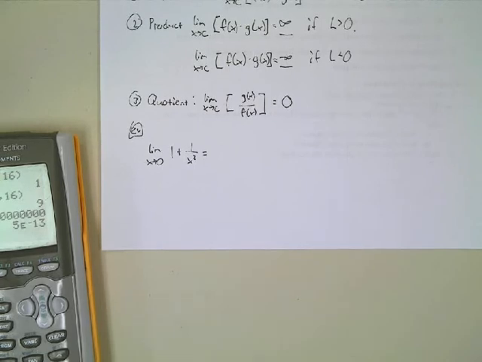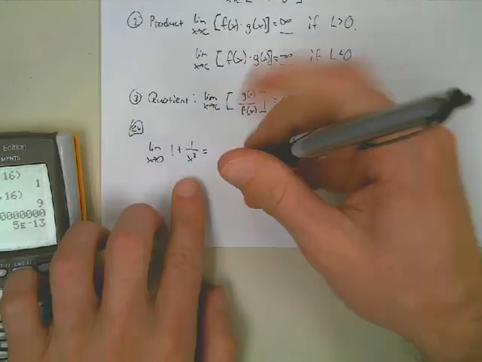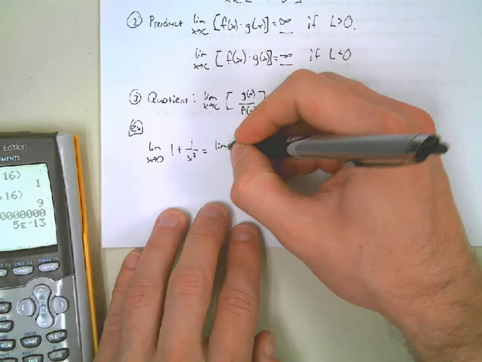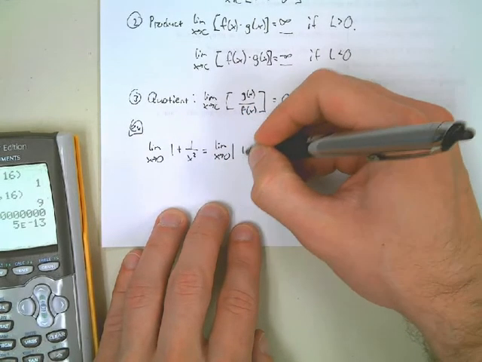How do we evaluate a limit when there are two separate things in it? Well, remember your old limit properties. We can break this up over addition. So we can find the limit as x approaches 0 of 1, added to the limit as x approaches 0 of 1 over x squared.